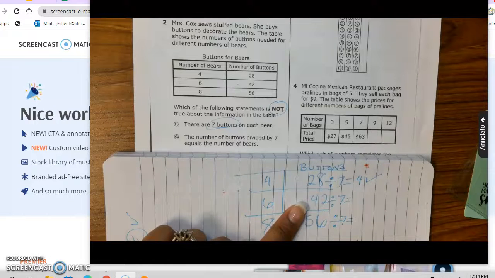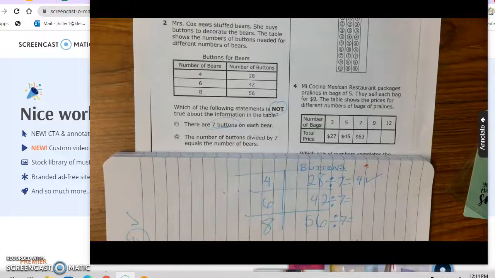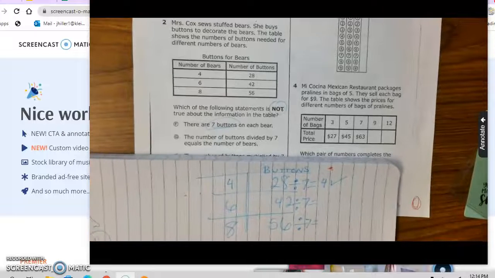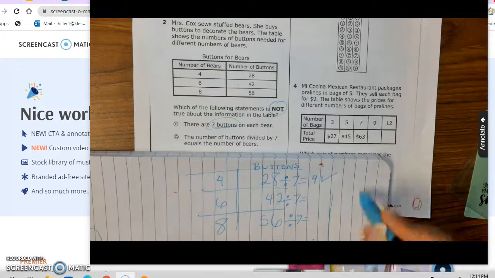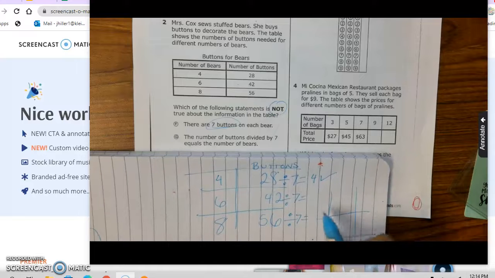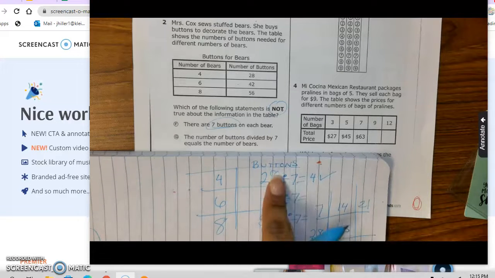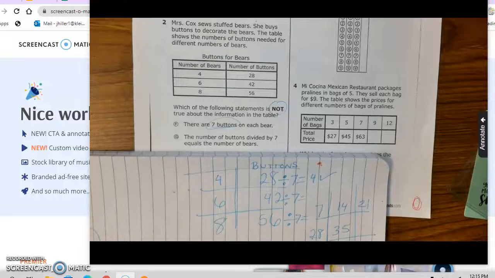42 divided by 7. I'm going to give you some time to choose your strategy. I know lots of you like tic-tac-toe. So let me go ahead and do my tic-tac-toe so you can find your answer.